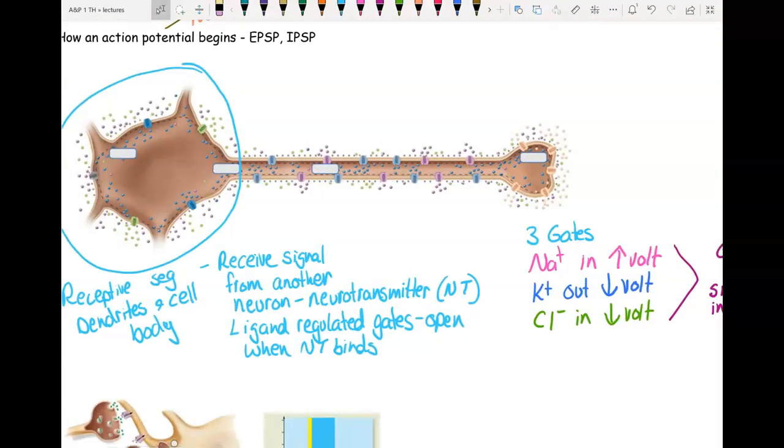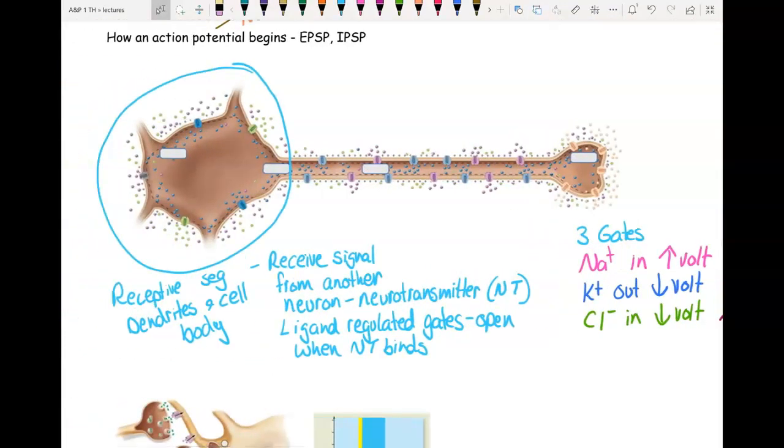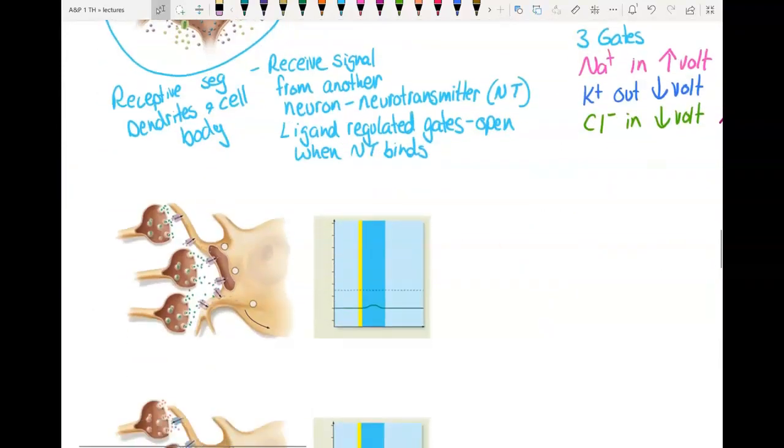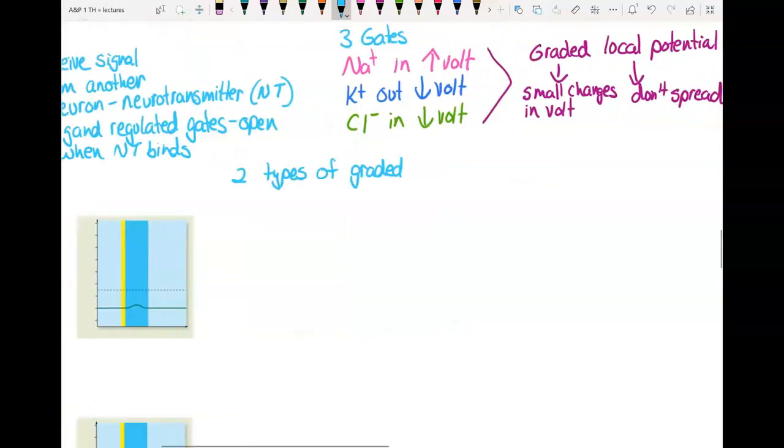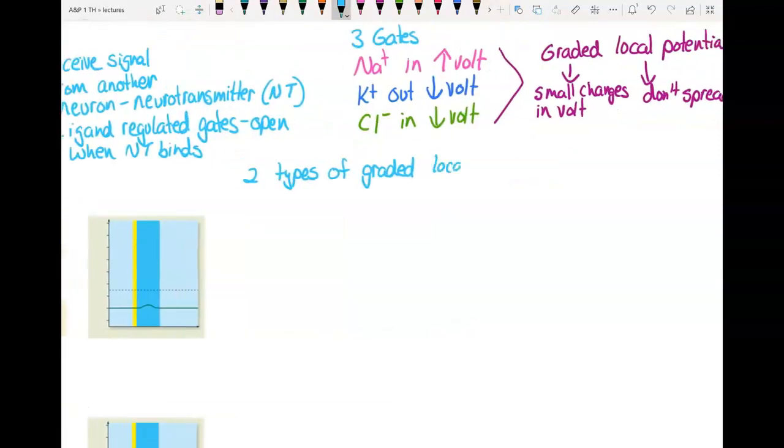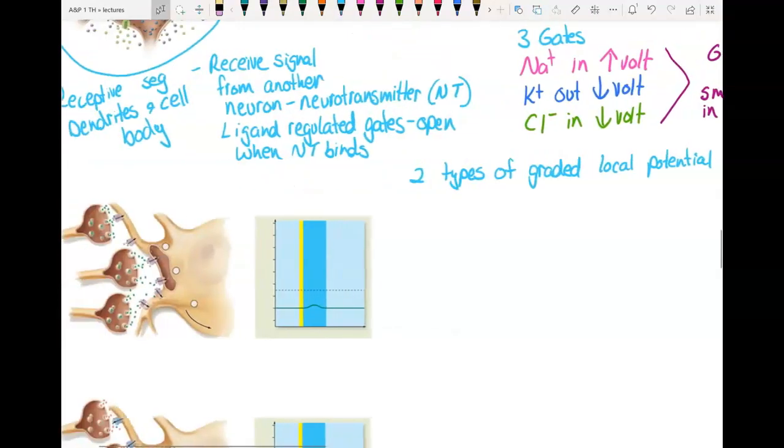There are 2 different types of graded local potentials that we have in the receptive segment. Those are EPSP and IPSP. So the first one here is EPSP.